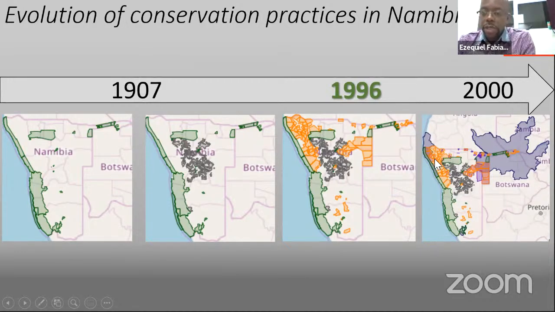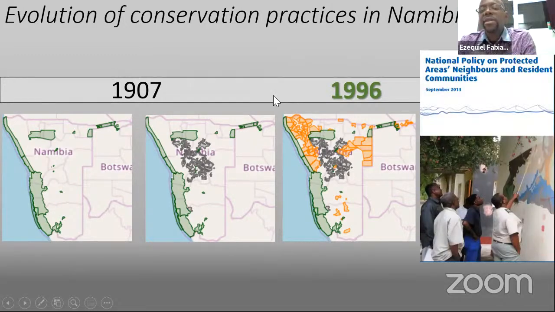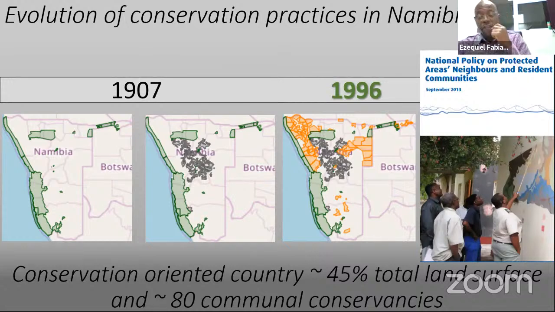And towards the west, we have the Iona Skeleton Coast Transfrontier Park or Conservation Area, which covers pretty much all the west part of the country into Angola. So presently, Namibia has over 45% of the total surface area under some form of conservation or wildlife management, with more than 80 communal conservancies.